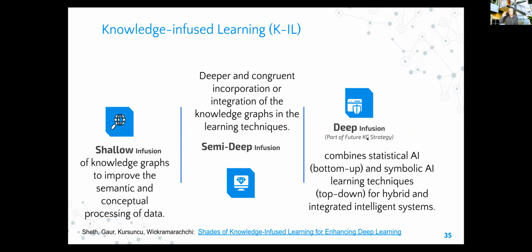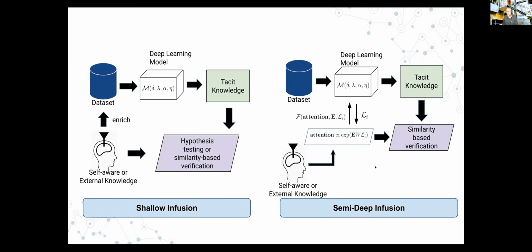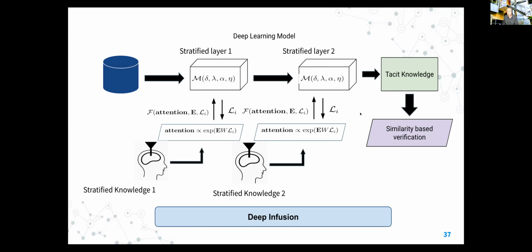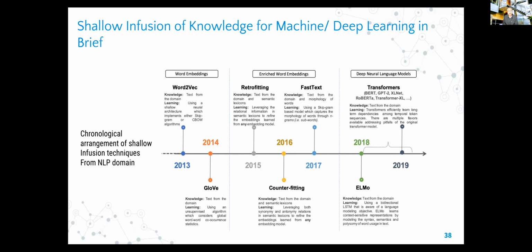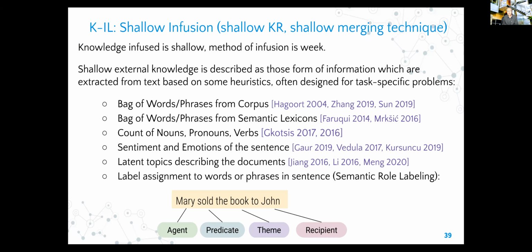The shallow infusion is basically embeddings, so knowledge and data embeddings are combined. Semi-deep uses attention to bring in the knowledge at one layer, and deep learning brings attention at different layers and infuses knowledge at different levels of abstraction. So it is a multi-layer approach. There is a paper available that gives you a lot of examples.